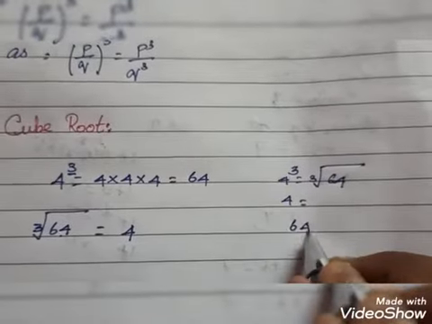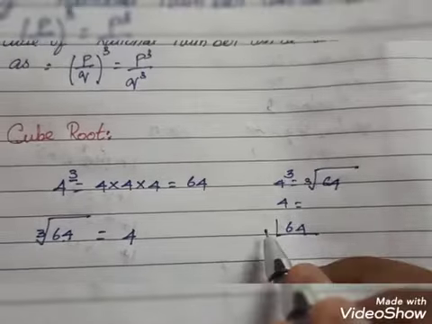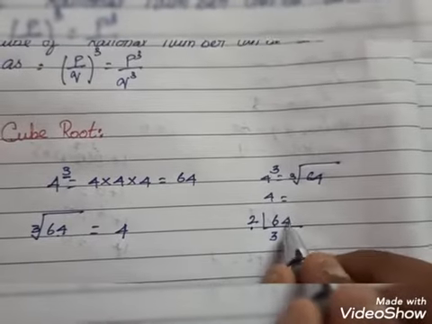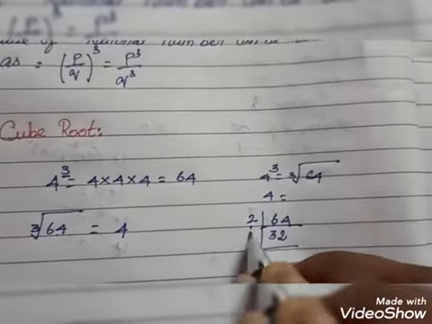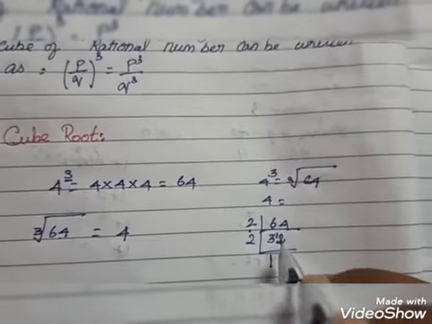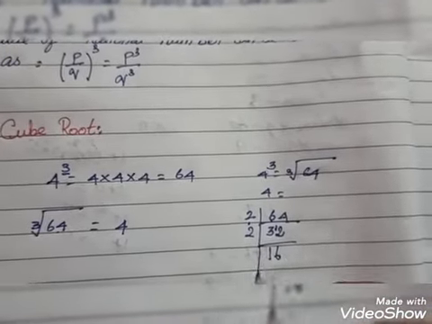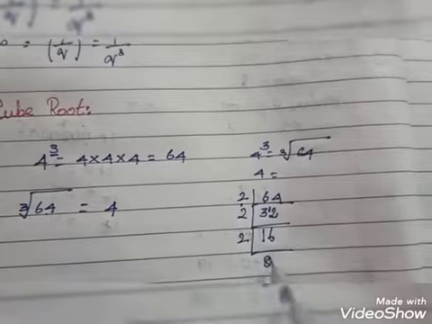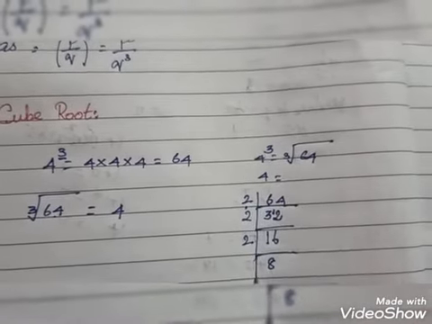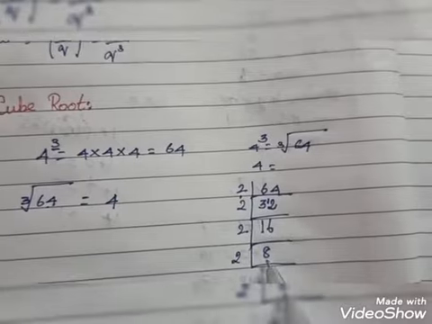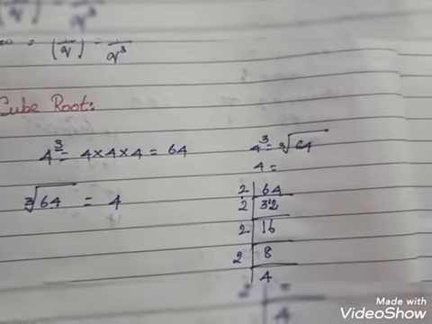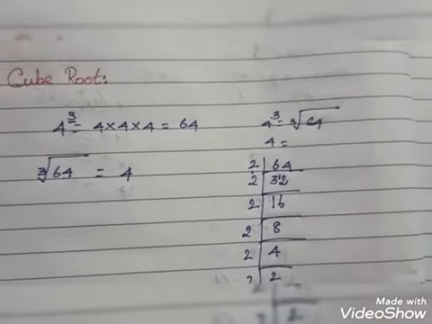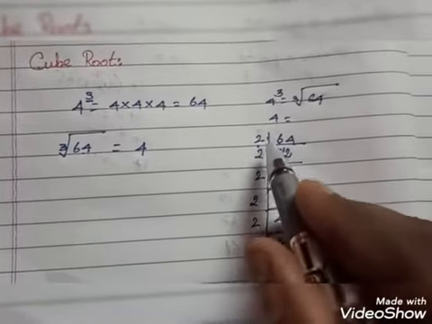You go to 64 and take the prime factorization. 2 2s are 4, 2 4s are 8, 2 8s are 16, 2 16s are 32, 2 32s are 64. So here you can see all the factors are 2.